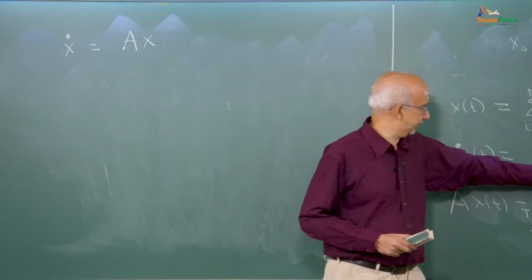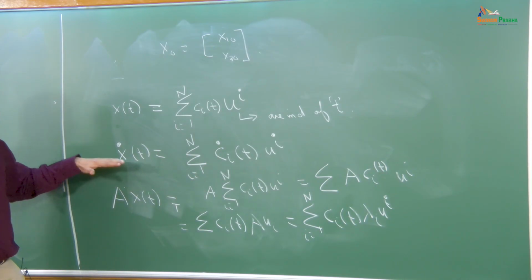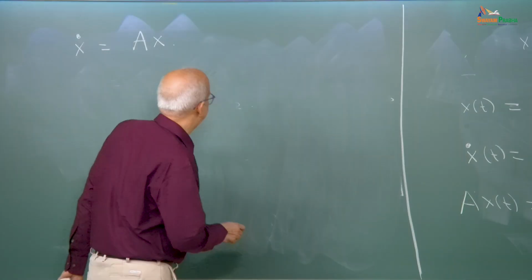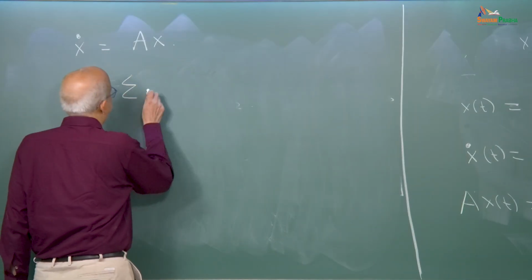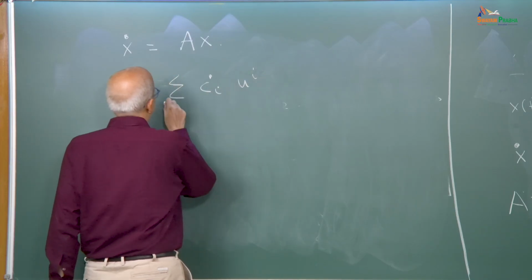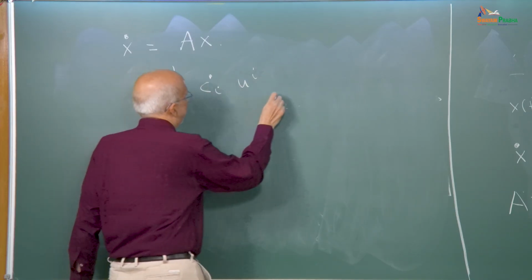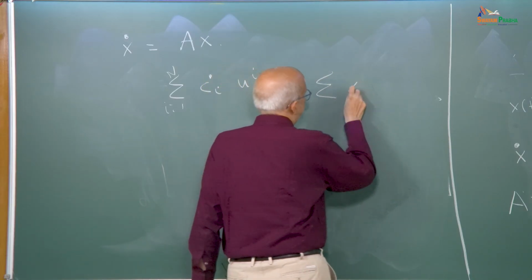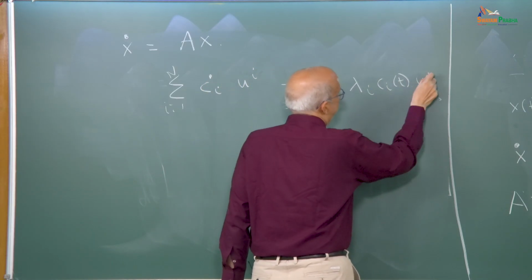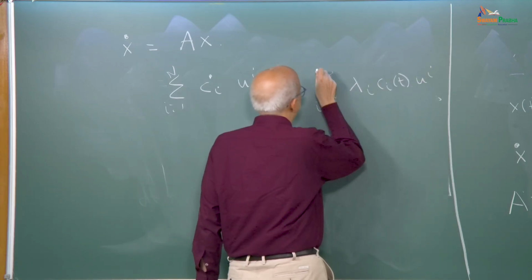So, I need to find the Ci, such that this equation is satisfied. So, x dot is sigma Ci dot ui, and Ax equals sigma lambda i Ci of t ui, i is equal to 1 through n.